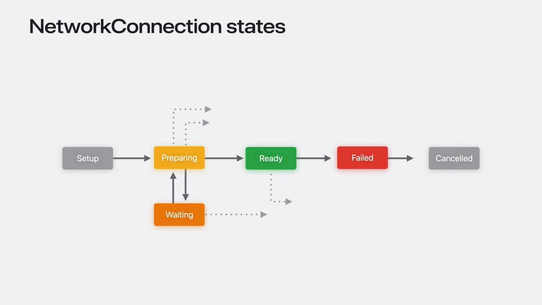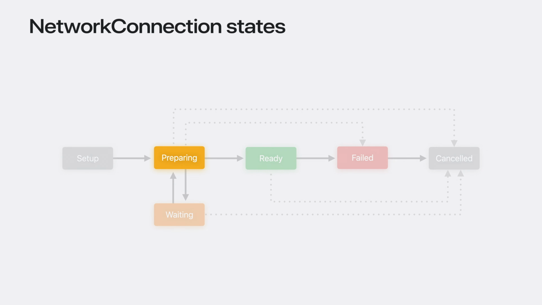While it would be great if the network was always available, network conditions change all the time. Unlike sockets, network connection will respond to these changing states for you. When your connection is started, it will transition into the preparing state, while any protocol handshakes are performed. And when those are complete, it will go to the ready state.